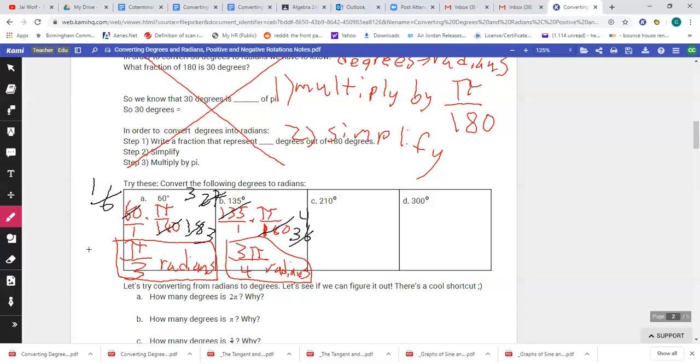Well, then you probably would not do it. You would actually multiply it out to find radians, and the radians would be some kind of decimal number. But we're not doing that. Okay. But I want you all to try C and D.